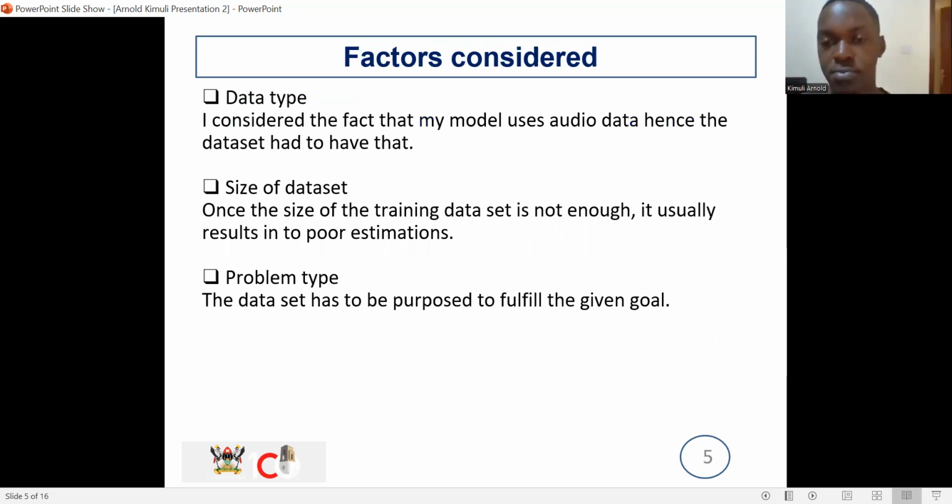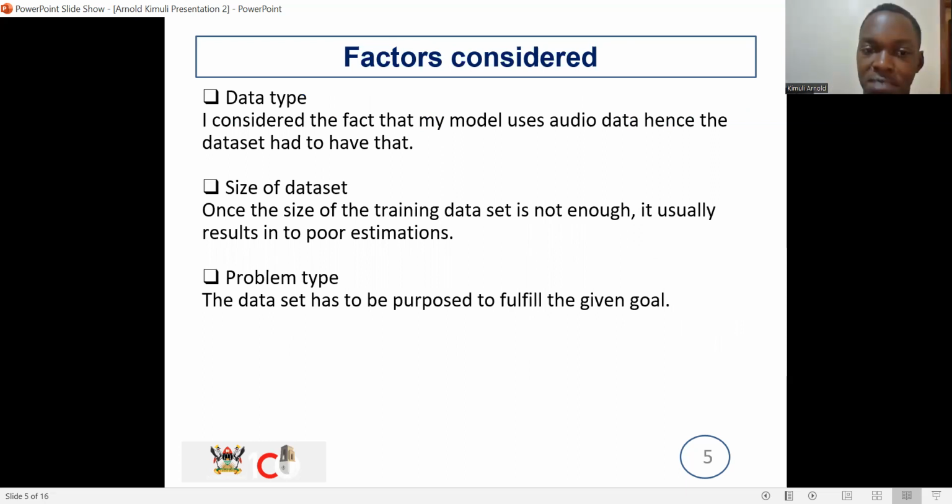All right. Then the factors I considered to choose this data set. Number one, data type. I considered the fact that my model uses audio data, hence the data set had to have that. I couldn't choose any other data set that was using figures or text, stuff like that.